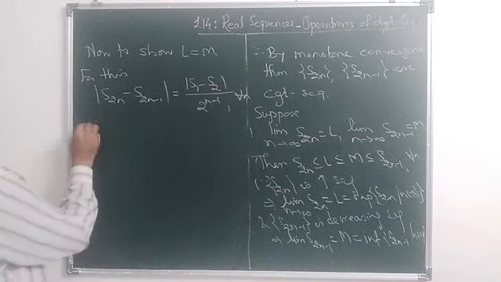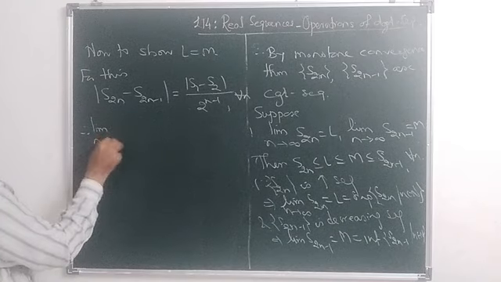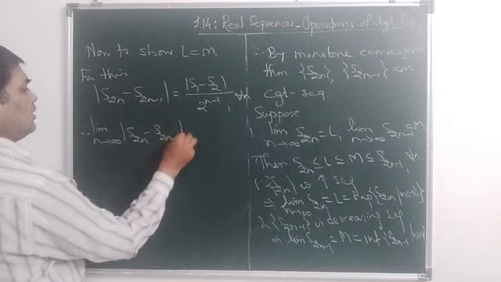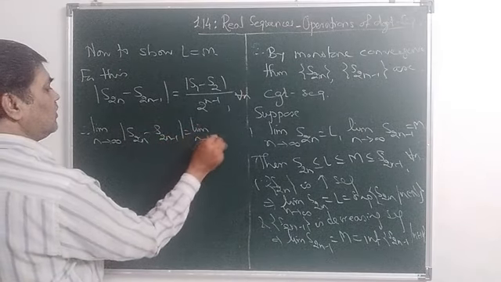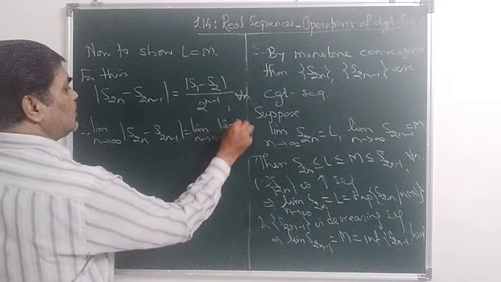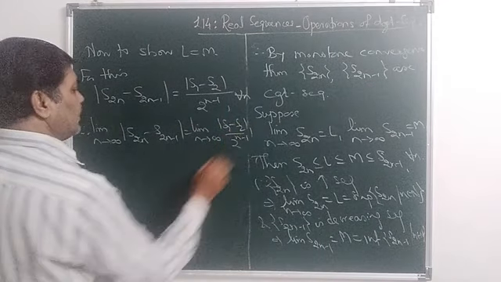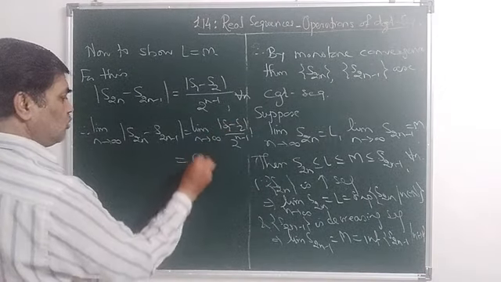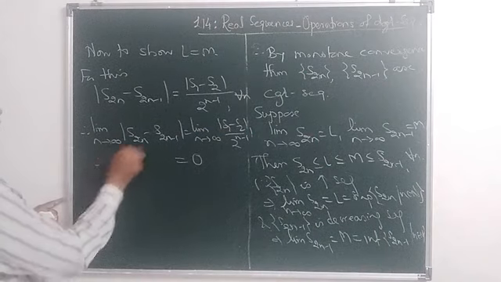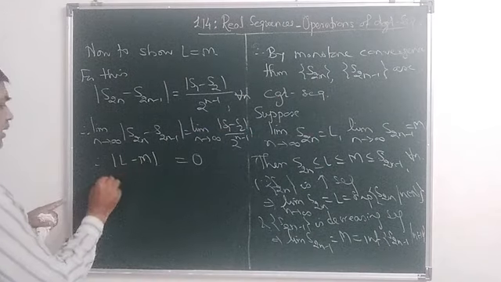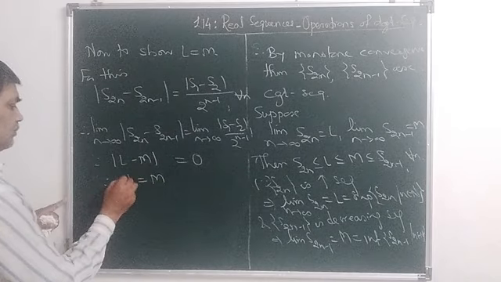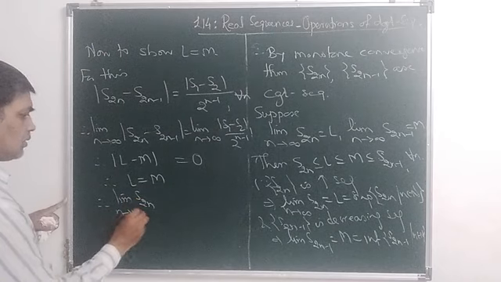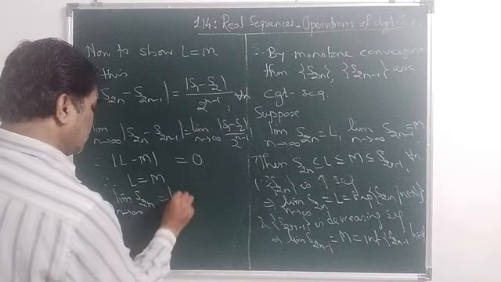Therefore, if I take the limit of S2n minus S(2n-1), this becomes limit n tends to infinity of mod(S1 minus S2)/2 raised to n minus 1. This is constant, and 1 upon 2 raised to n minus 1 goes to 0, so this goes to mod of L minus M, and therefore L must be equal to M. Therefore limit S2n is equal to limit of S(2n-1).